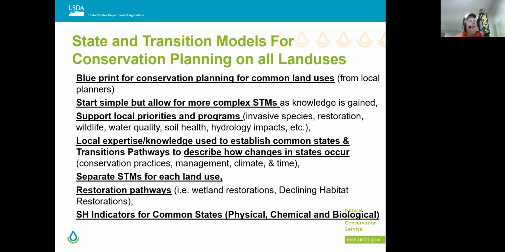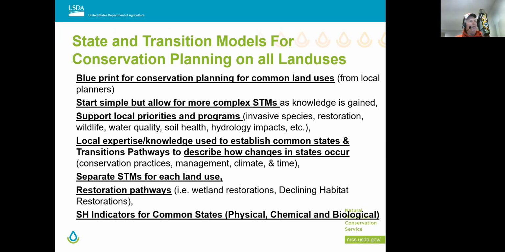State and transition models for planning on all land uses provide us that blueprint with experience from local planners. It allows us to start real simple, and then as knowledge is gained, add more information and make them more complex or look at other issues.